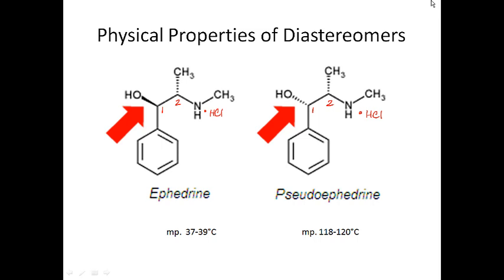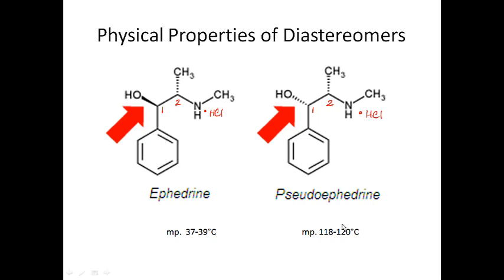They've banned it in all weight loss products as of a few years ago. But they do different things in biological systems. They're different molecules. They actually have different melting points. Ephedrine melts between 37 and 39 degrees. Pseudoephedrine melts between 118 and 120. So diastereomers have different physical properties and different chemical reactions.